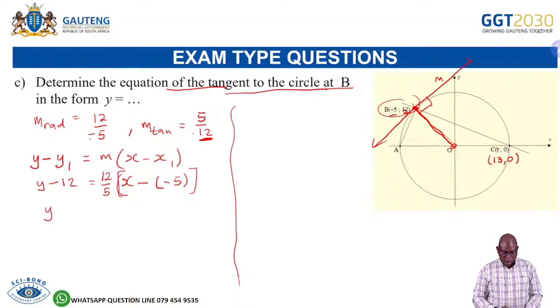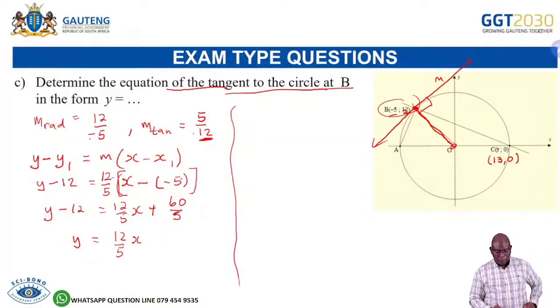So I'll have y minus 12 equals 12 over 5 times x plus 5.